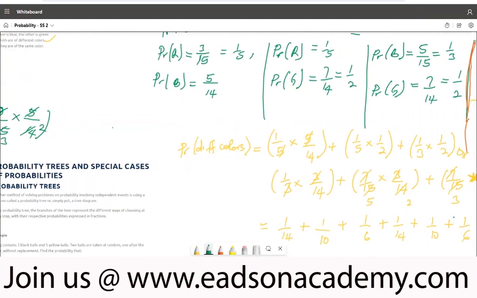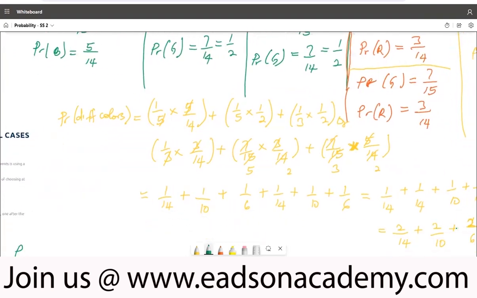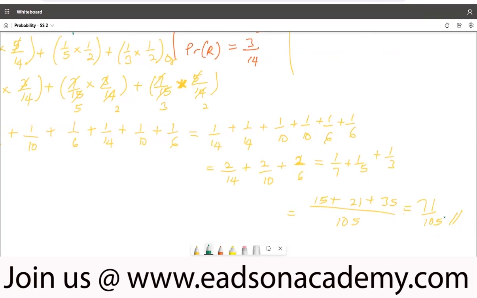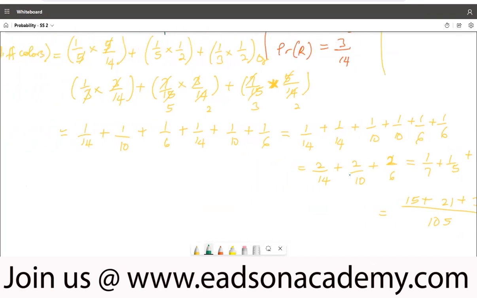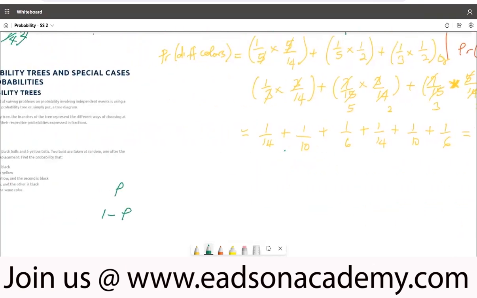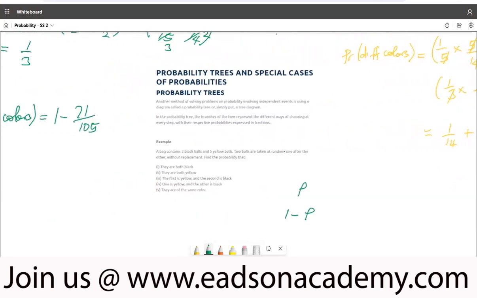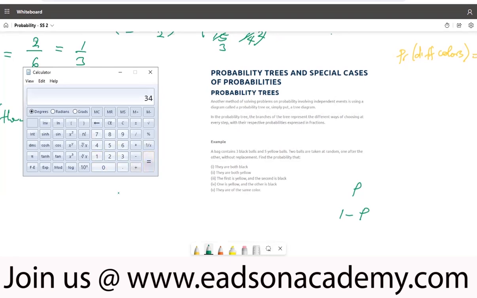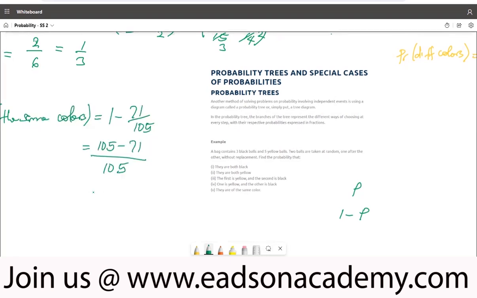This is our answer here. Where is it? Okay, right here. So the probability of different color is 71 over 105. That means probability of the same color will be 1 minus 71 over 105, which is 105 minus 71 over 105. And 105 minus 71 is 34. So this is 34 over 105.